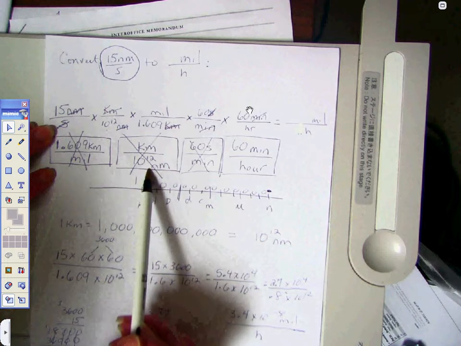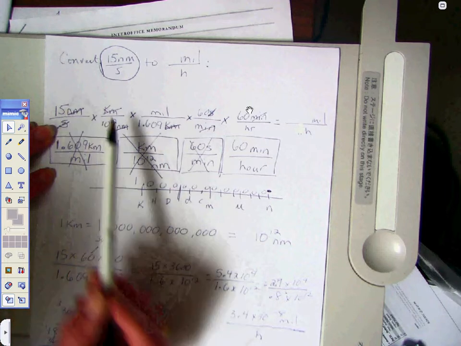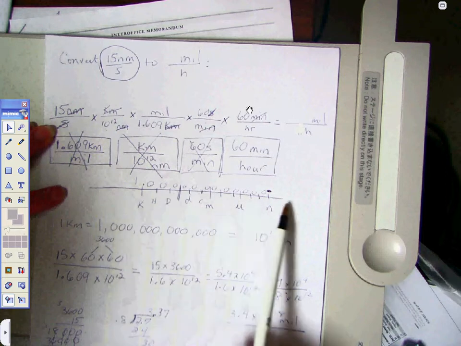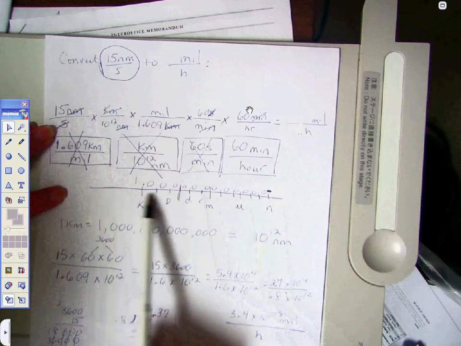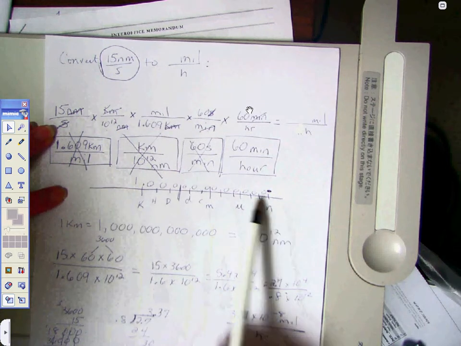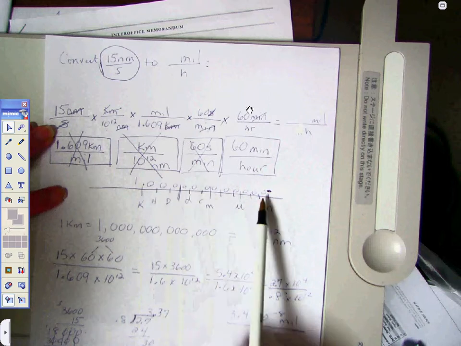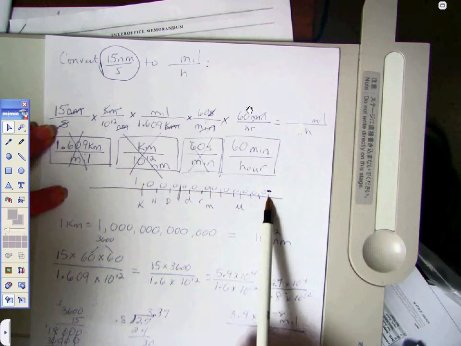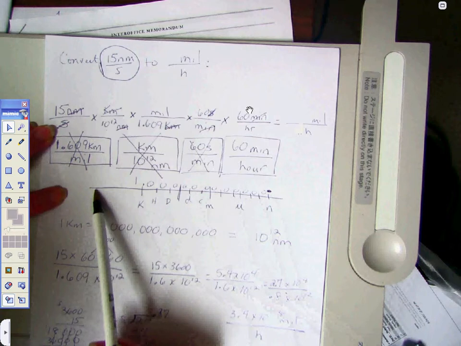The conversion factor to go from nanometers to kilometers, remember I use my number line. And being able to change numbers into different numbers on the metric system is a very important skill in chemistry or in physics.